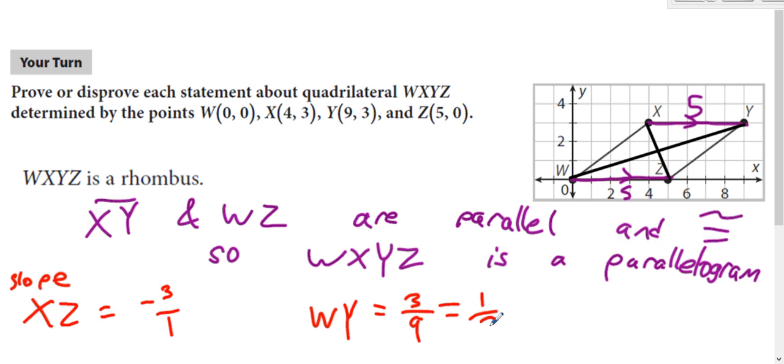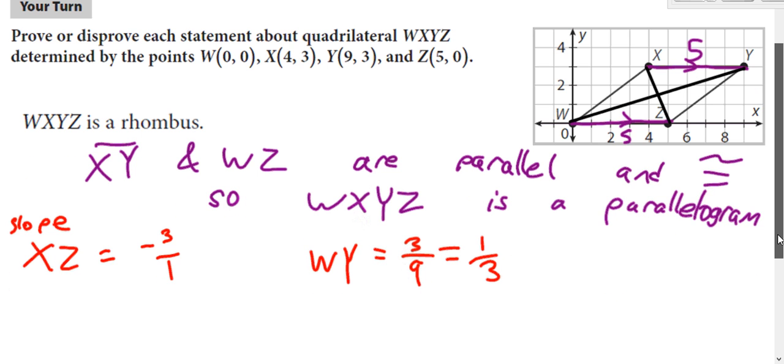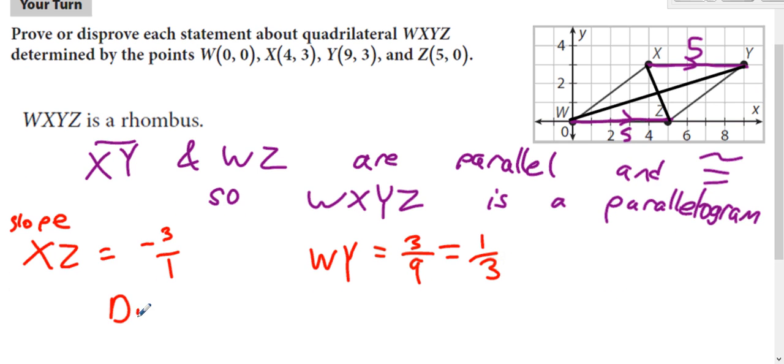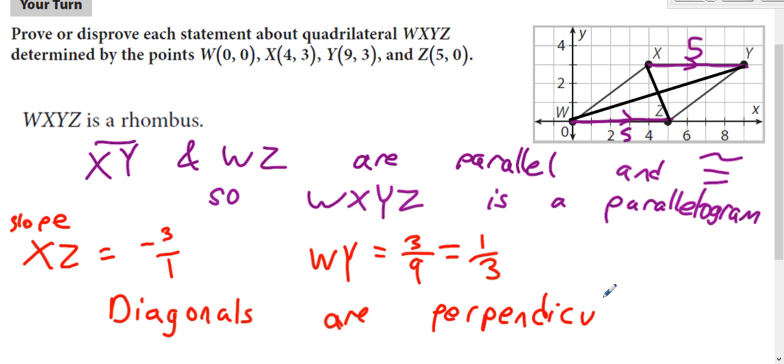That reduces to 1/3. So then you compare those slopes. We have a negative and a positive. Opposites, good. 3 over 1, 1 over 3. Reciprocals, yes. So the diagonals are perpendicular, which means it is a rhombus. So yes, this is true.